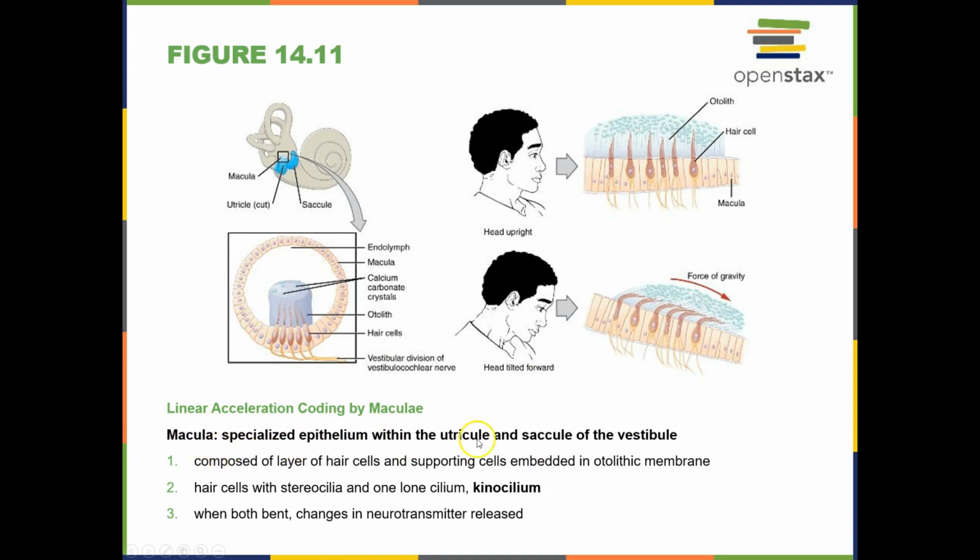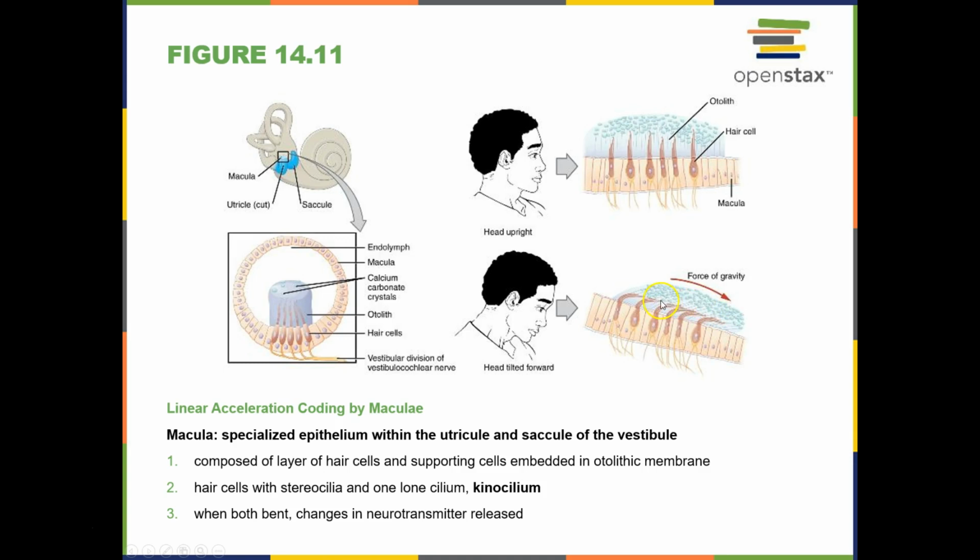So for static equilibrium, within the vestibule, we have a region called the macula. These are specialized epithelial cells that are located in the utricle and saccule of the vestibule. These hair cells are embedded in a membrane that contains calcium crystals.